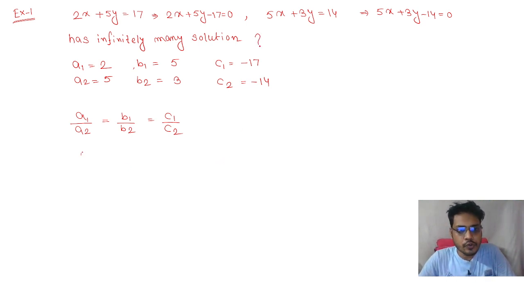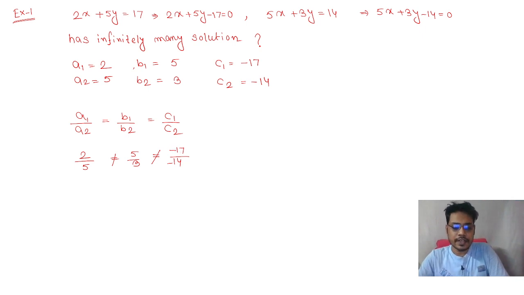So a1 by a2 is 2 by 5, b1 by b2 is 5 by 3, that means it is not equal. And c1 by c2 is minus 17 by minus 14, that is also not equal. So we can say that a1 by a2 is not equal to b1 by b2.